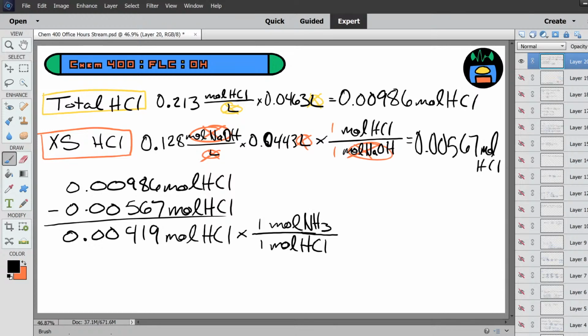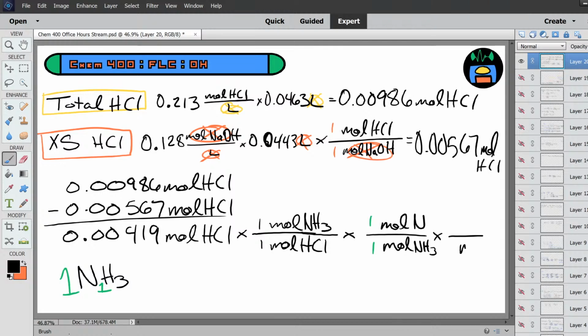And then we can convert from moles of NH3 to moles of nitrogen, just nitrogen, because the ratio here is 1 mole of NH3 has 1 mole of nitrogen atoms in it. So this is a 1-to-1 mole ratio. And then last but not least, we convert from moles of nitrogen to grams, 14.01 grams.